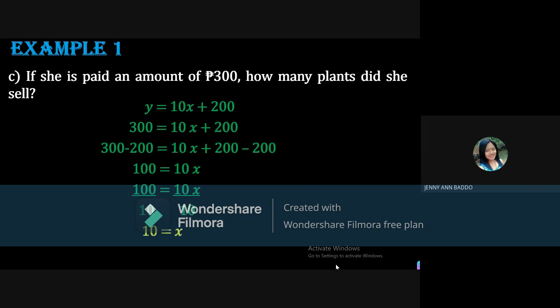And 10x divided by 10, cancel 10. So we have x. So 10 equals x or x equals 10. So we have 10 plants, which means Maria sold 10 plants for earning 300 pesos in a day.